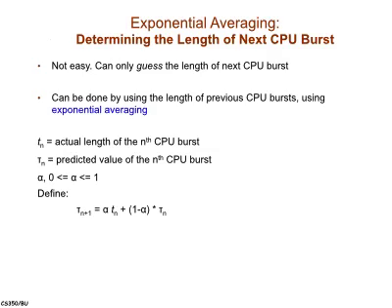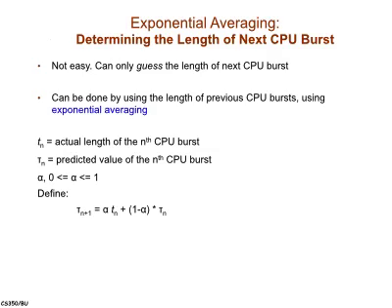So the formula states that tau n plus 1, which is the predicted CPU burst of the n plus 1th CPU burst, is alpha times Tn plus 1 minus alpha times tau n.